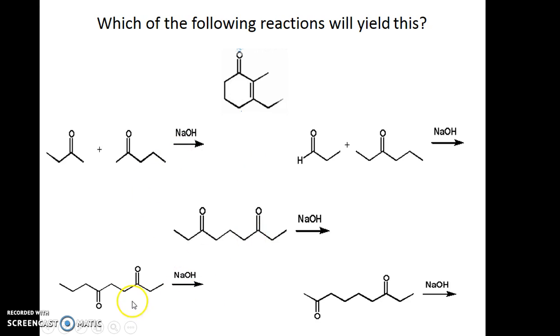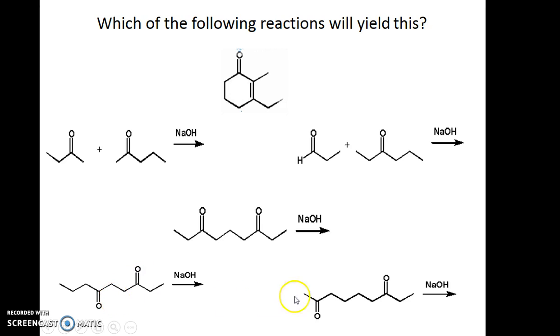There's only 3 that are diones. Another way I can recognize it is to look for the carbons between them. These are all diones, but what about how far apart the ones are? Notice there's 1, 2, 3 methylene groups between them. There are 1, 2, 3, 4, 5. They're 1,5 diones.